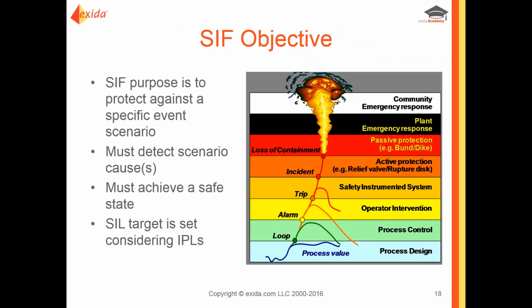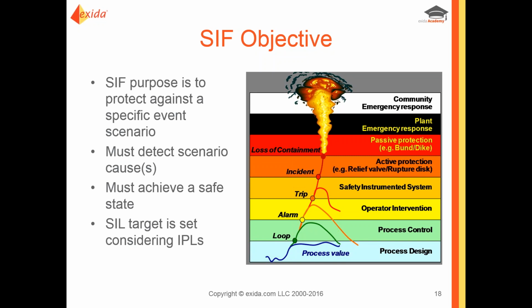Looking at that from an event scenario perspective, we remind ourselves that the purpose of the SIF is to provide protection against a very specific event scenario. So it is possible to look at the timeline of that scenario and the events and sub-events that occur as that scenario is advancing. Our SIF has to be designed to detect the cause of that scenario, and it must be designed to act in a way that is going to achieve the safe state for the scenario.